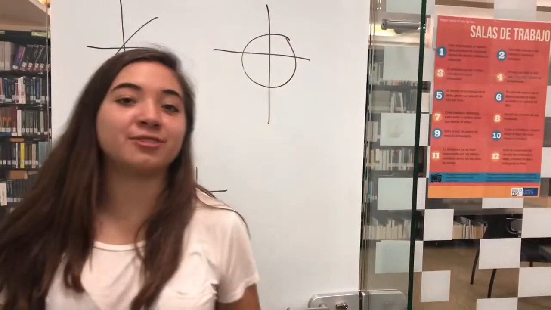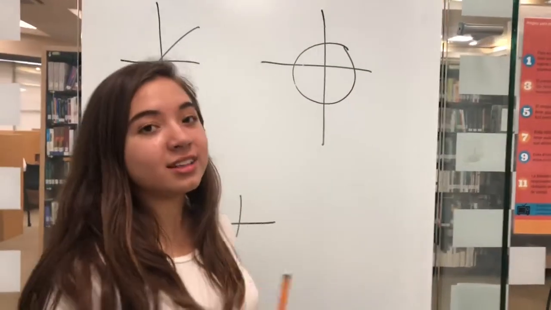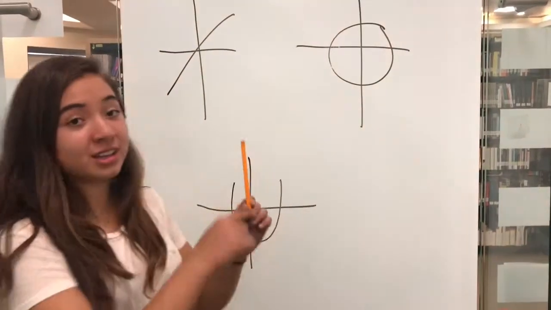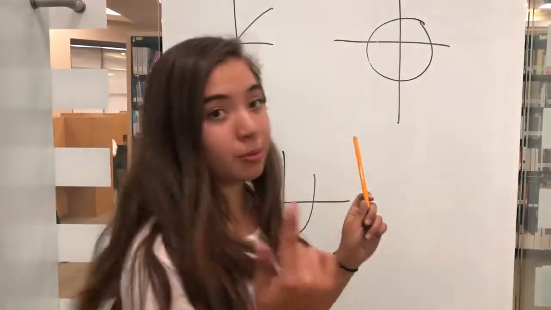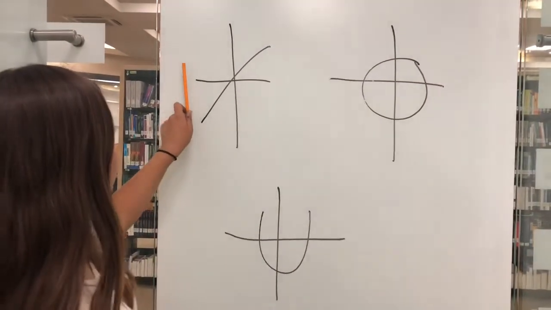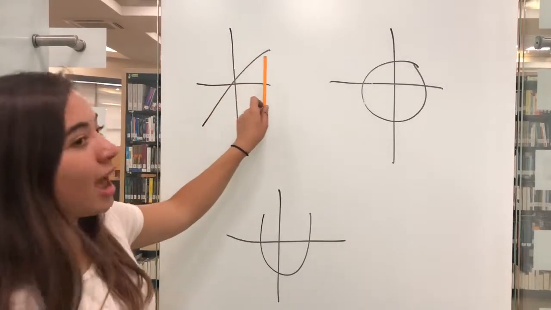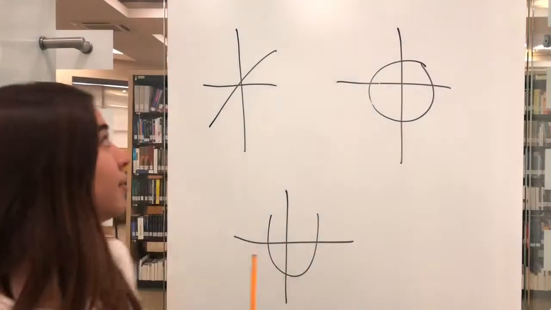Another way to identify a function is with the vertical line test. It consists in putting a vertical line on the graph, and if it touches more than one point, it means that it's not a function. For example, here, if we pass it like this, we can see that it will always touch just one point of the graph.